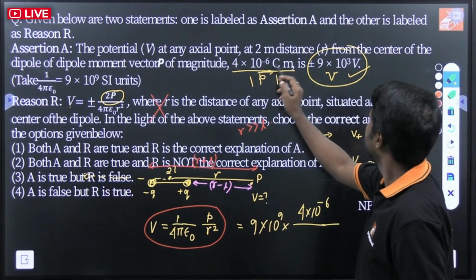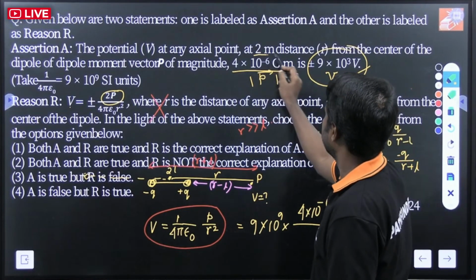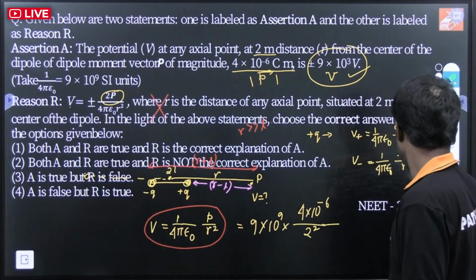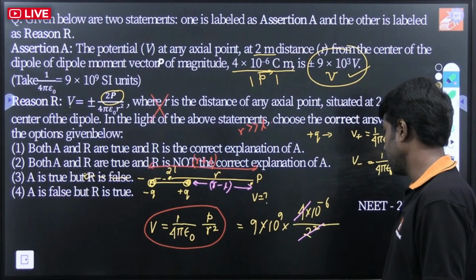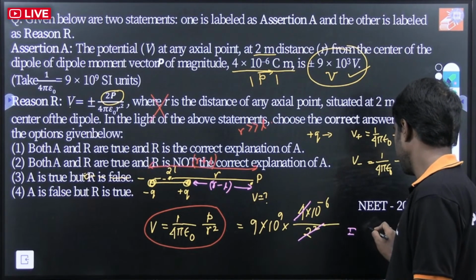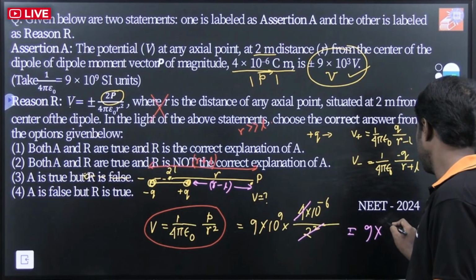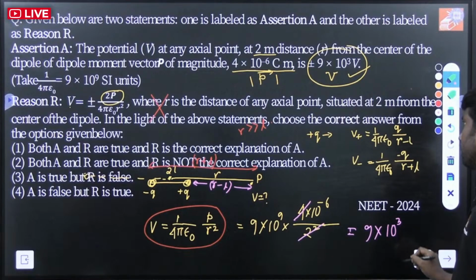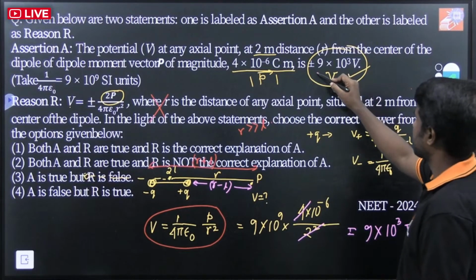And r is given as 2 meter, so it is 2 square, which is 4. This 4 will get cancelled. Finally we get 9 into 10 power 9 minus 6, which is 10 power 3, so we get volt. See, this one is correct.